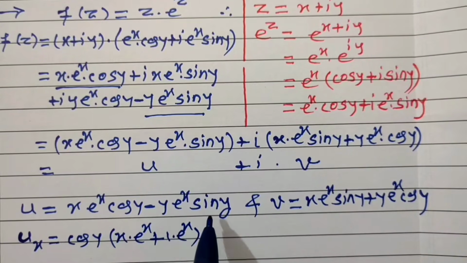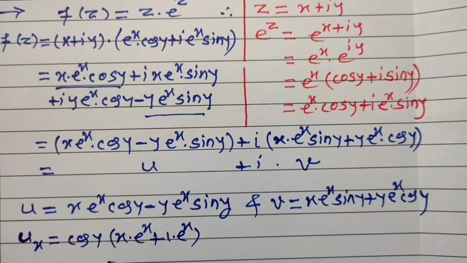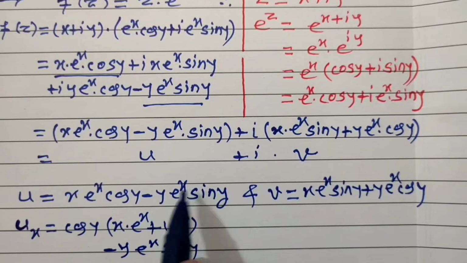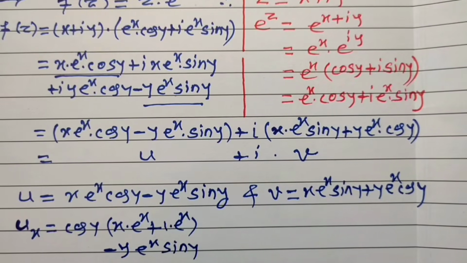So y into sin y becomes constant, and the derivative of e to the power x is e to the power x itself. So this can be written as minus y into e to the power x sin y. This is the partial derivative of this term with respect to x.